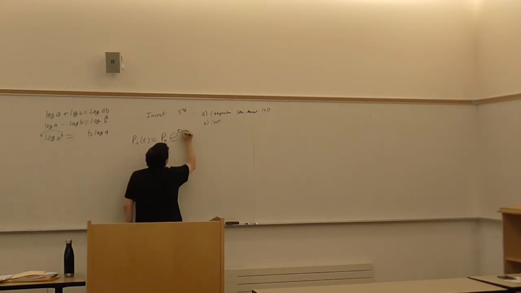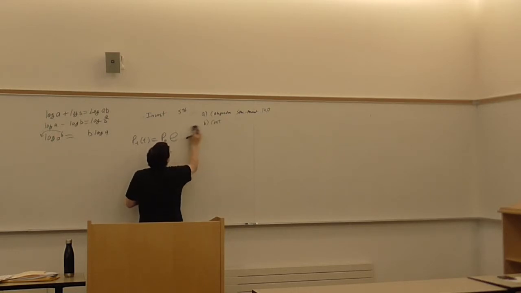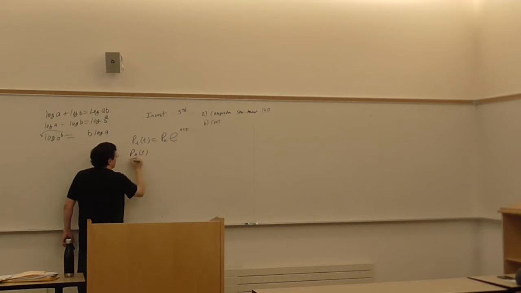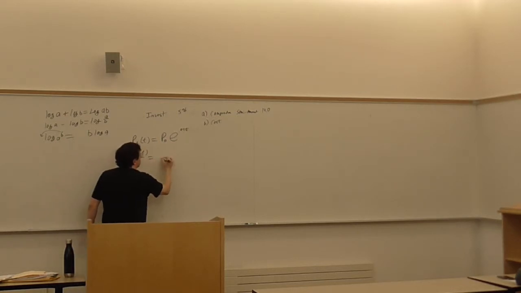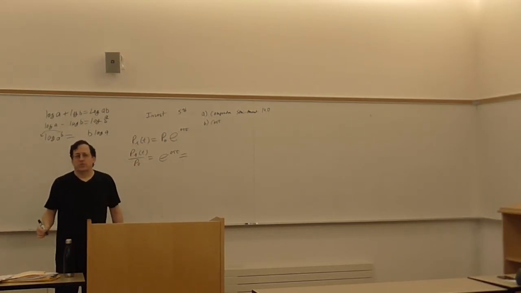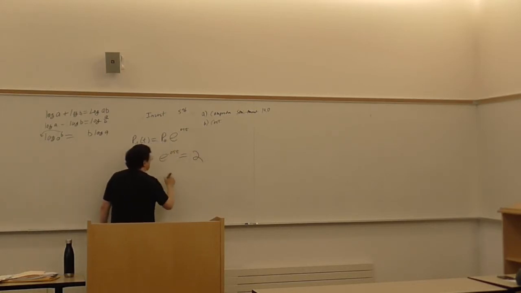Oh, 0.05 t. Right. Well, again, P(t) over P naught is equal to e to the 0.05 t. That, of course, is still equal to 2. How would I solve this equation?